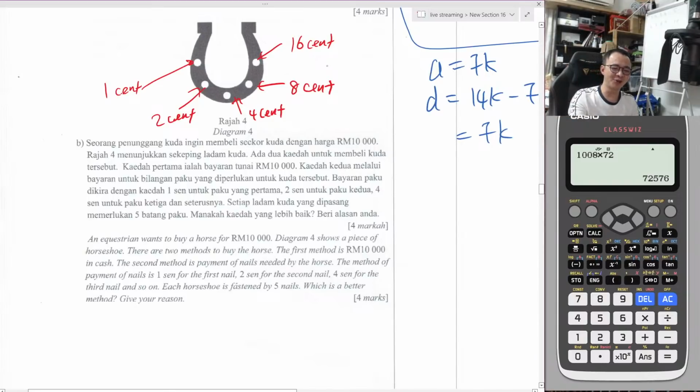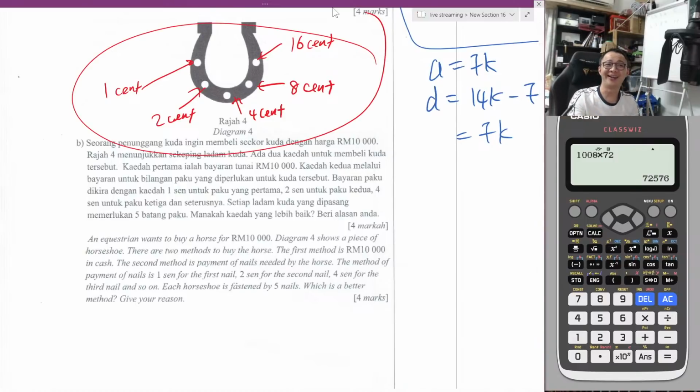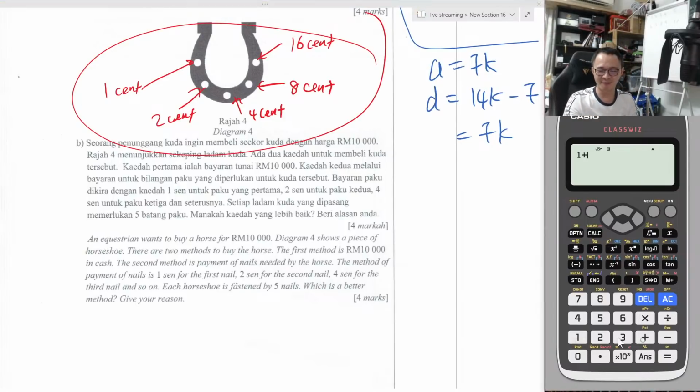Because a horse actually has 4 legs, this is how much you need to pay for 1 leg. So it's about what? 1 plus 2 plus 4 plus 8 plus 16. So for 1 leg you only pay about 31 cents. Then you might think, oh, the horse must be very cheap, because if I use this method, 1 leg only costs about 31 cents.